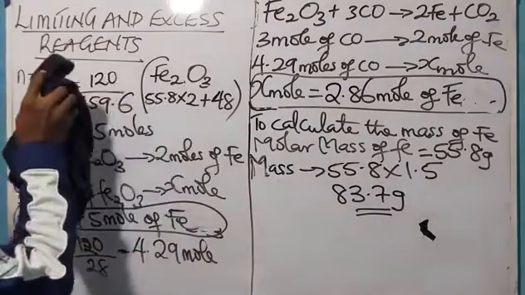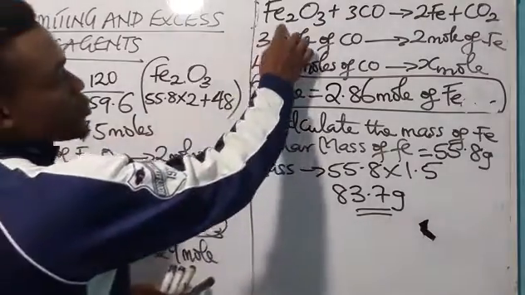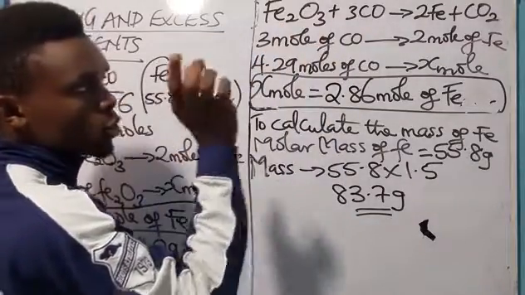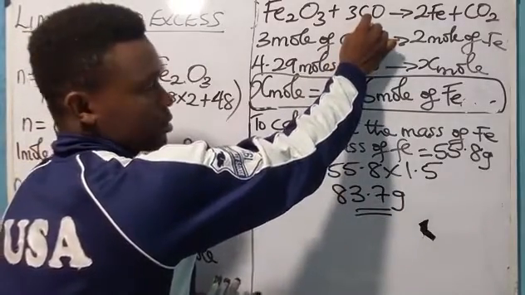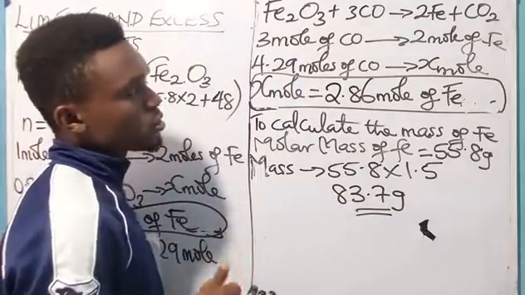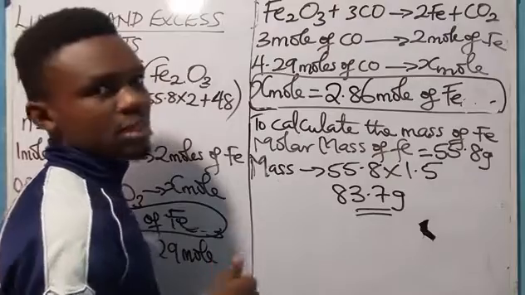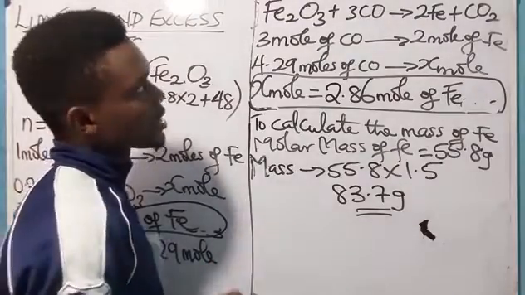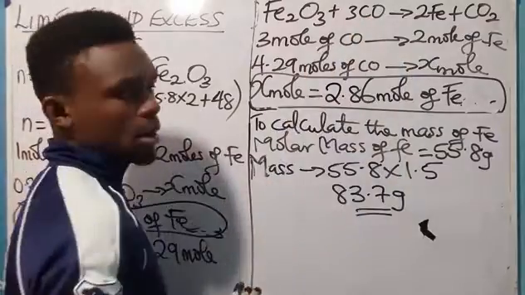So I'll rub off these parts. Now, using this reaction, we've established the fact that CO is the excess reagent, while this one is the limiting reagent. Now, what is the molar mass of carbon monoxide?